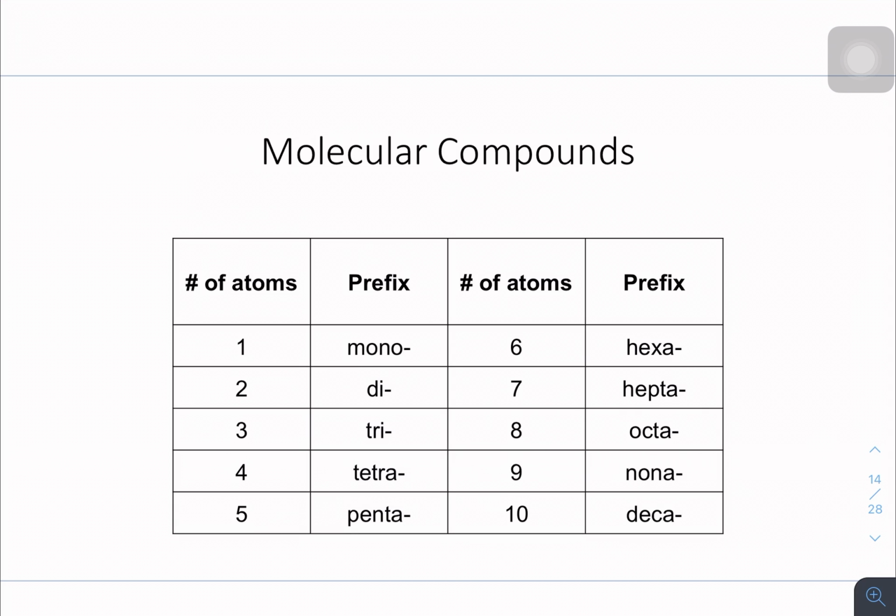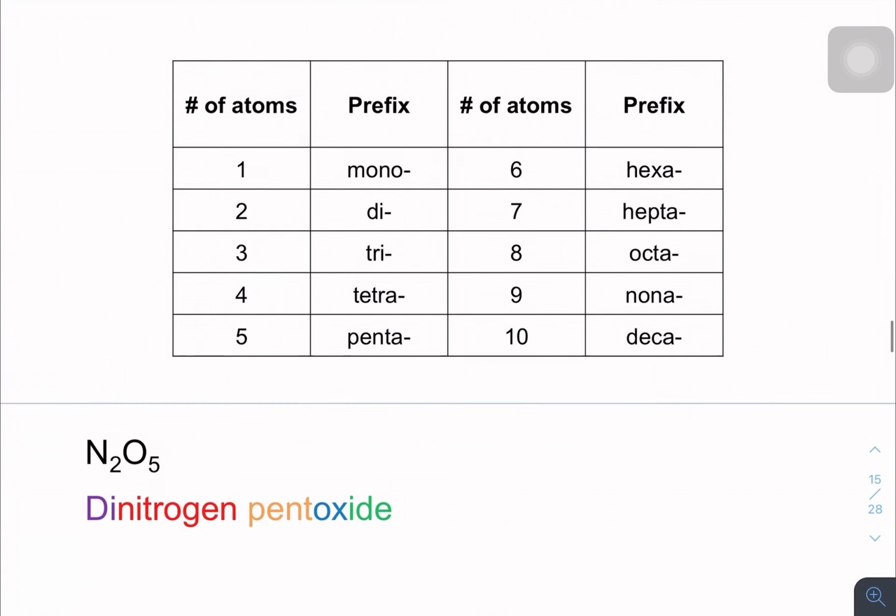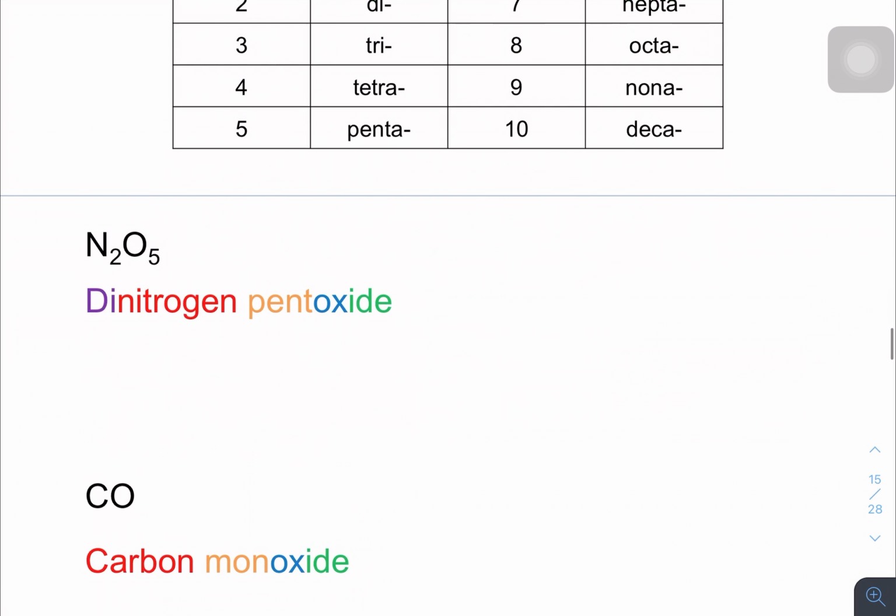When we name molecular compounds, we use Greek prefixes indicating the number of atoms. We can identify how many atoms are present by observing the subscript, which indicates the number of atoms of the specific element. For example, N2O5.